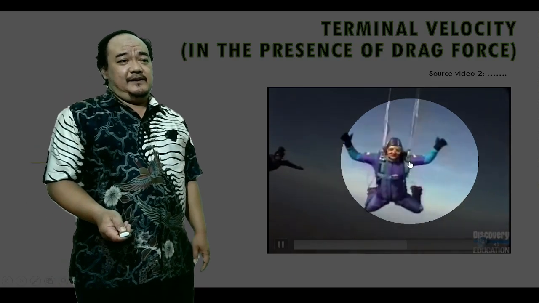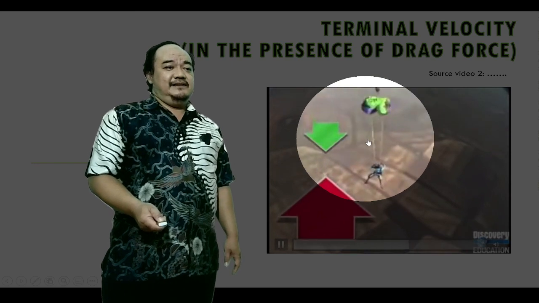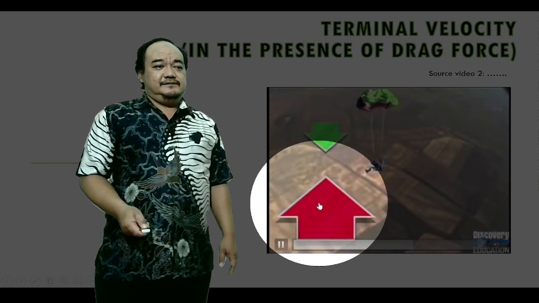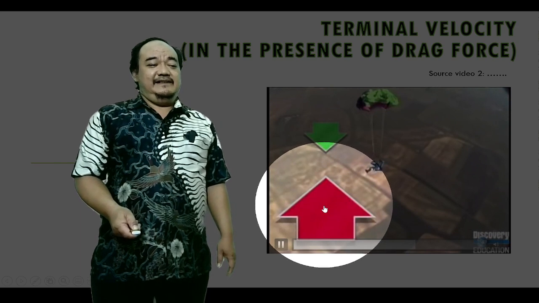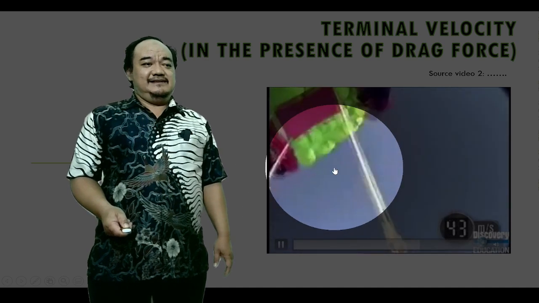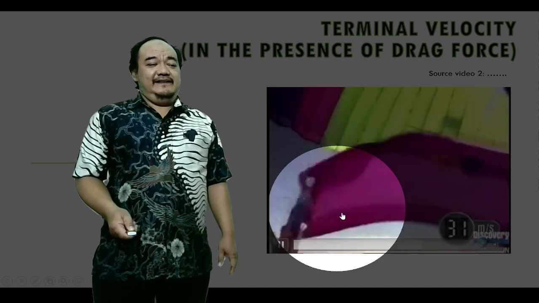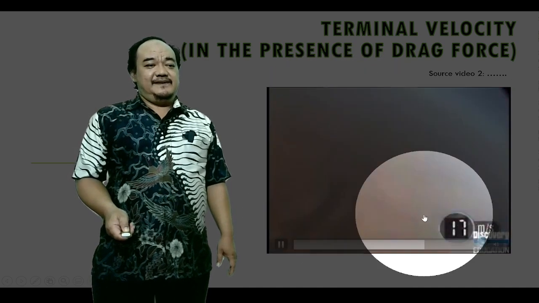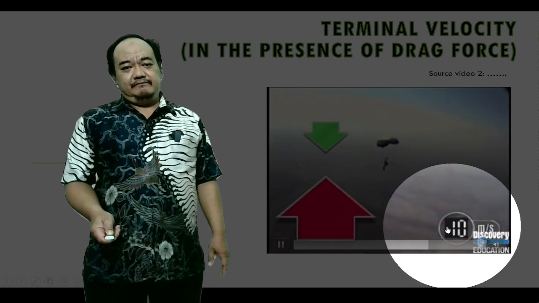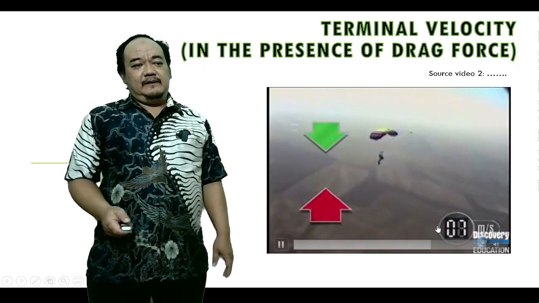Now the skydiver opens the parachute, and air resistance suddenly becomes much greater than gravity. And then the drag force is no longer balanced, and this changes her speed. She slows down and the velocity is reduced. Because she's slowing down, air resistance decreases until it balances.